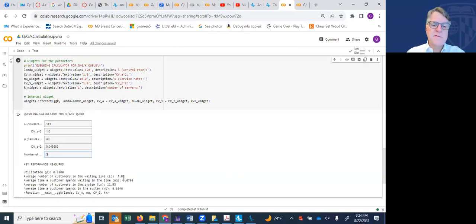The average number of customers in the line is going to be 9.08. But very interestingly, I'm dropping from about a quarter of an hour, or roughly 13 to 15 minutes, down to 0.0796. Multiply that by 60, and you're looking at about 4.7 minutes. So that is a substantial improvement just from enforcing that single line for the orders.